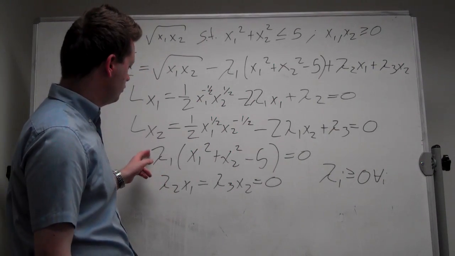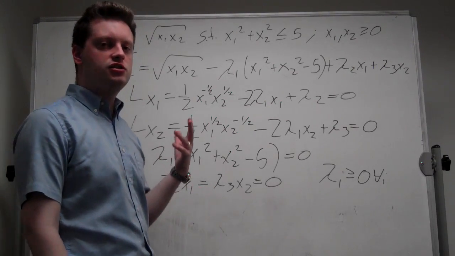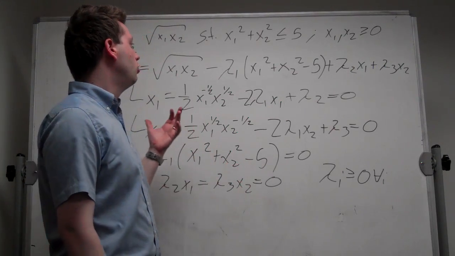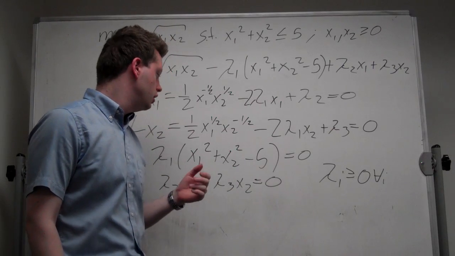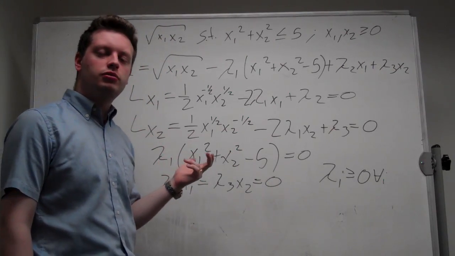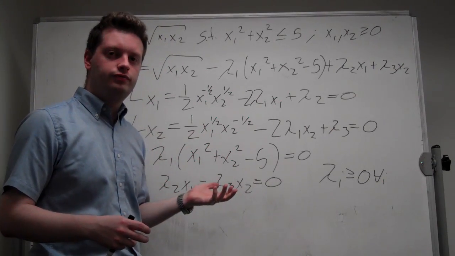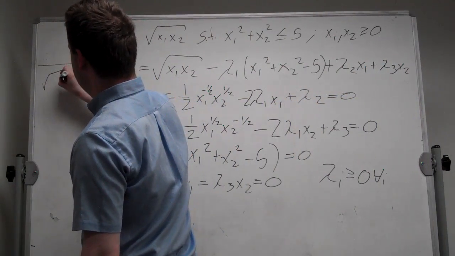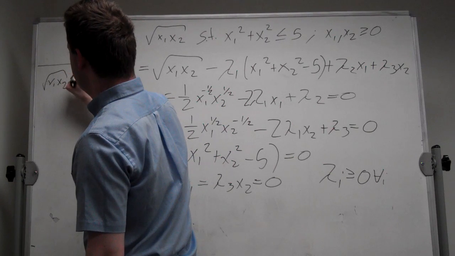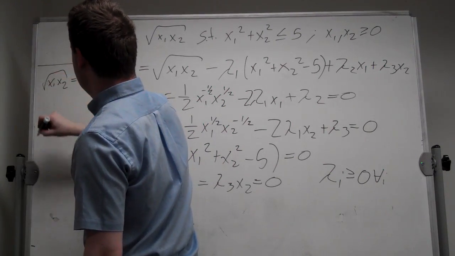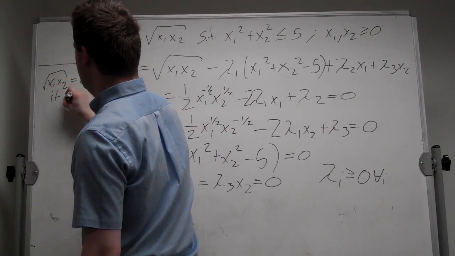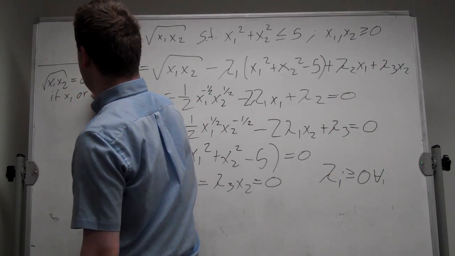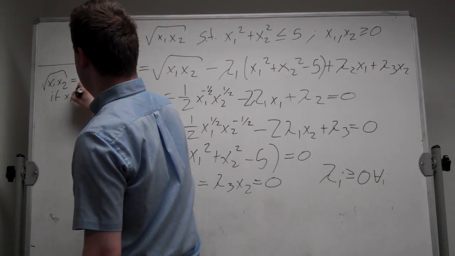Given that we have three constraints, any of these three constraints could be binding or not, so we would have a lot of combinations to solve. We know that the square root of x1 times x2 is equal to 0 if x1 or x2 equals 0.